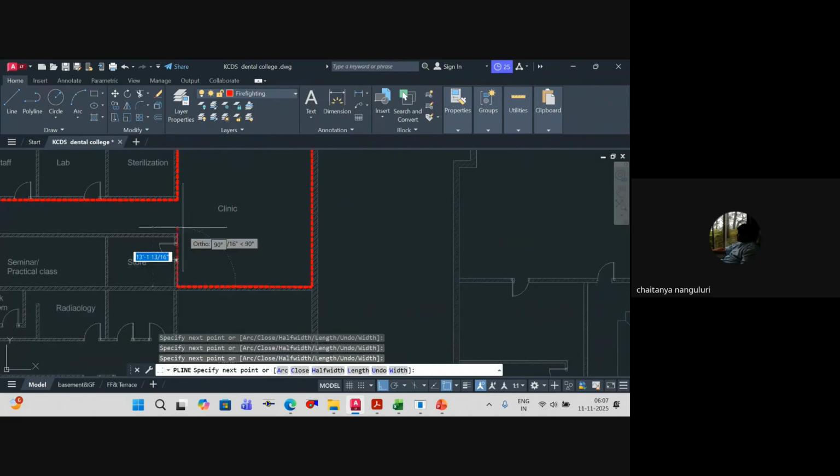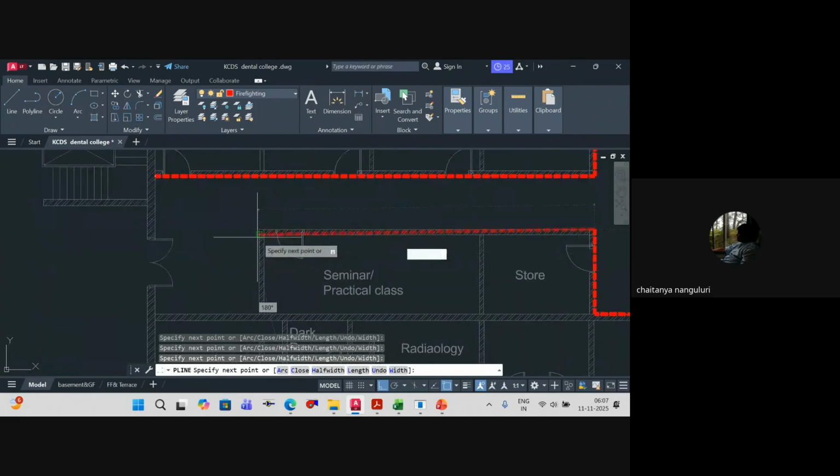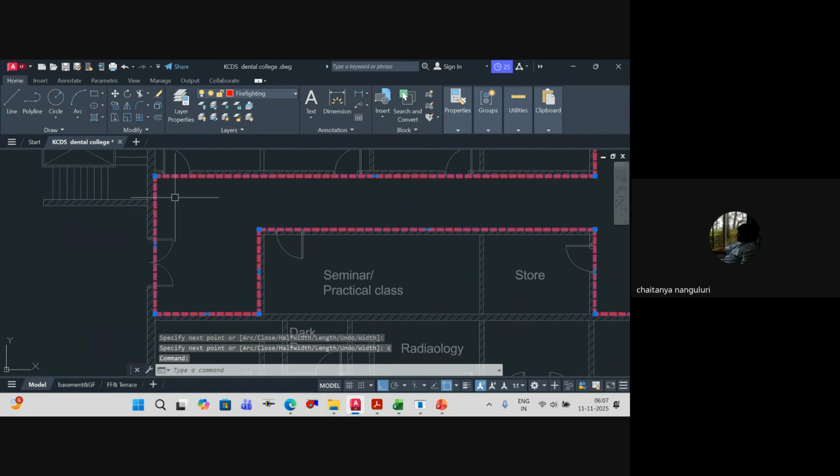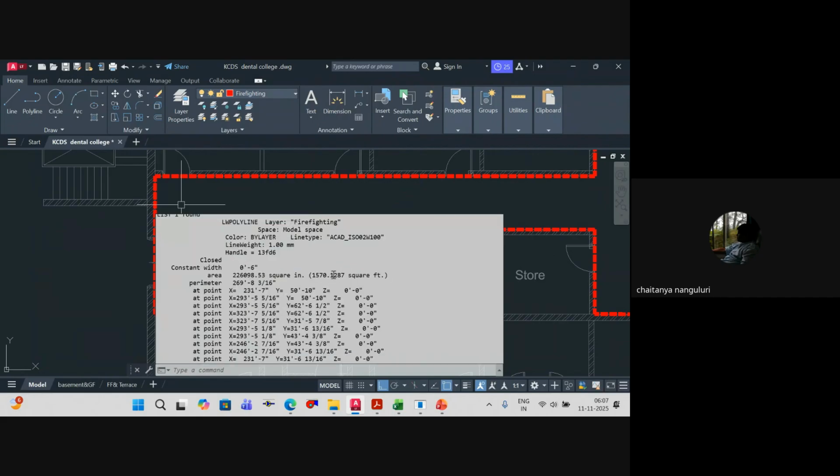But anyway, what is this area? Let's see. 1570 square feet.